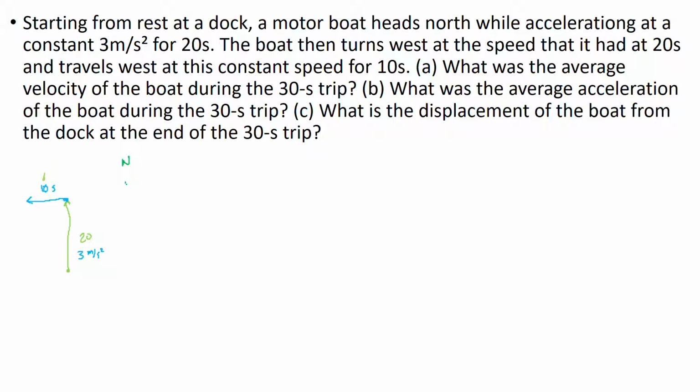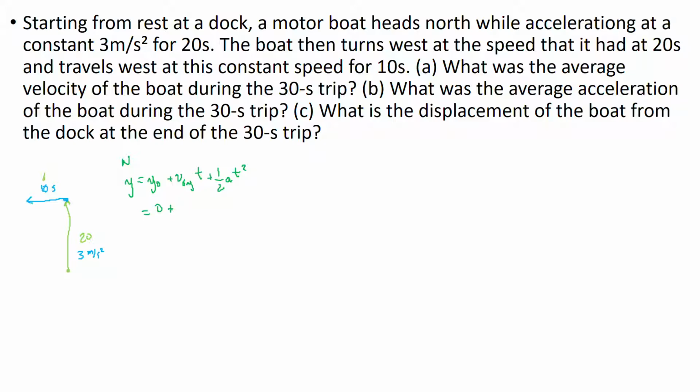The position in the y-axis is going to be equal to the initial position plus the initial velocity in y times time plus a half of the acceleration times t squared. Initial position we're going to assume is 0.